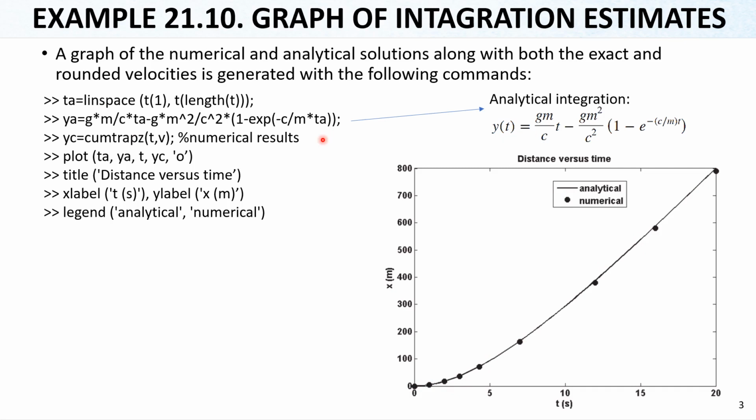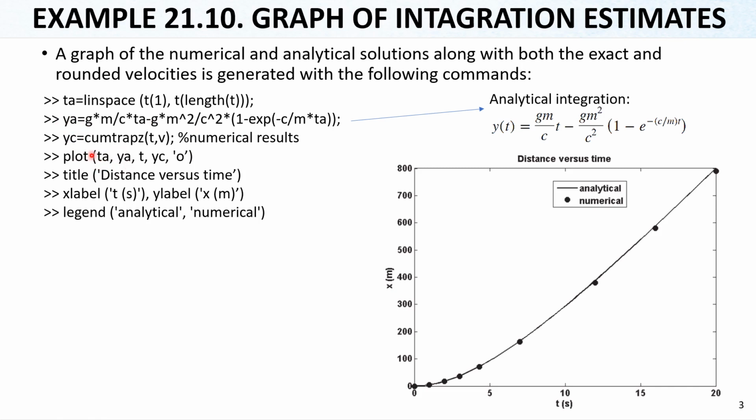The t values are the same, but the v values are calculated with cumtrapz as the integration values, these points, the numerical results. Also, we have YA values, the analytical values, and YC values, the numerical values.